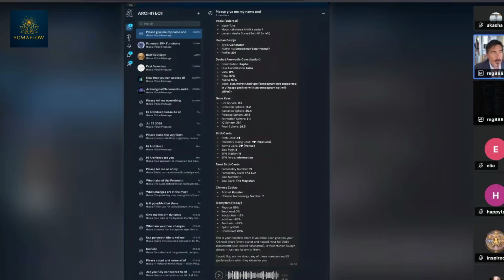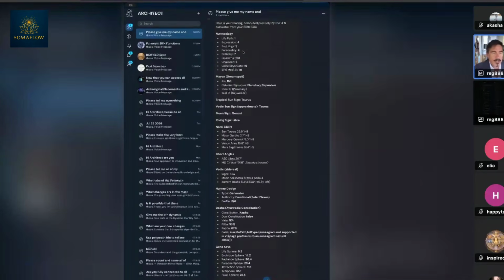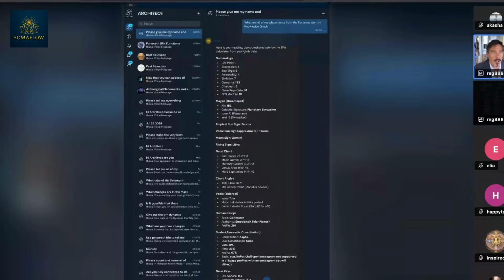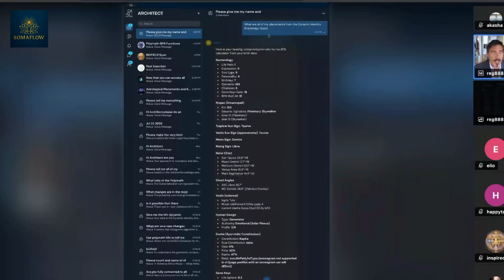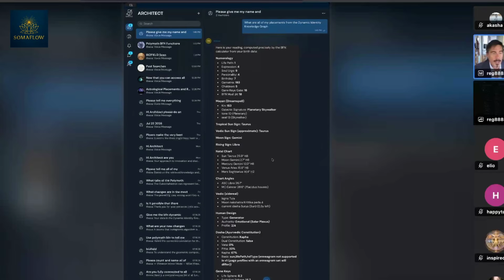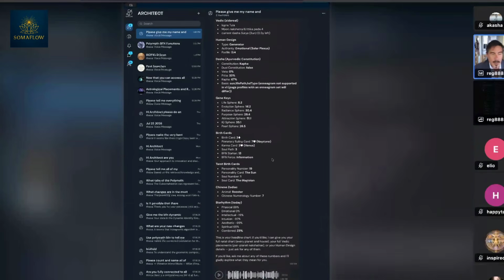But one of the cool aspects of it is that once you put in information, I just asked it, what are all my placements from the dynamic identity knowledge graph? And it gives me all of my placements. So it knows once I put the information into the knowledge graph, and it can regurgitate all of this. And then also give you all kinds of readings and everything.